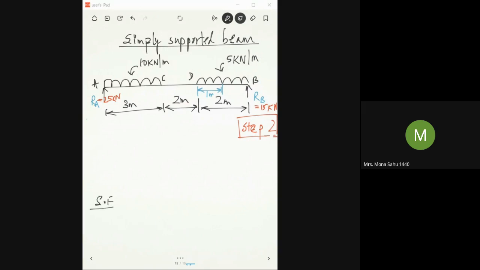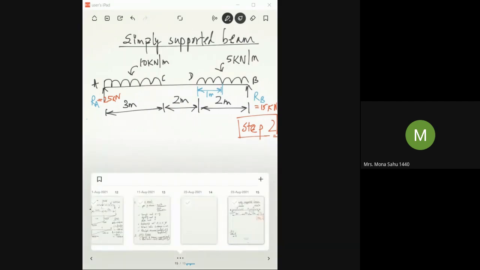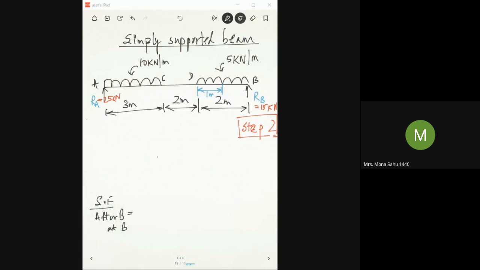Okay, at B. So you have a point load which is upwards at B. So you'll have to calculate just after B and then at B. So just after B, it's going to be 0.